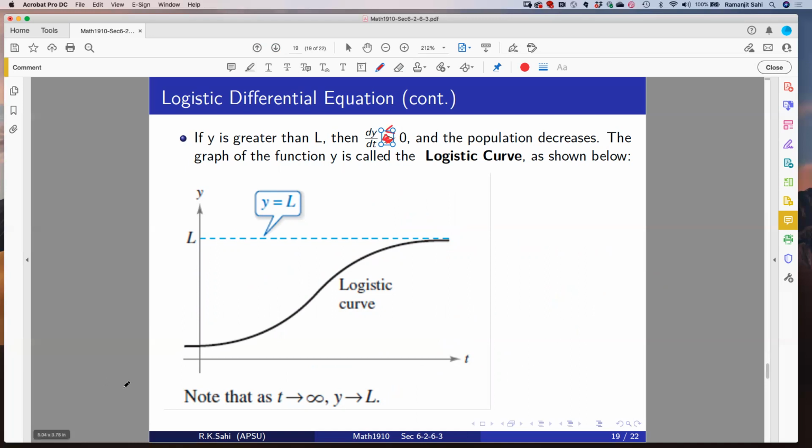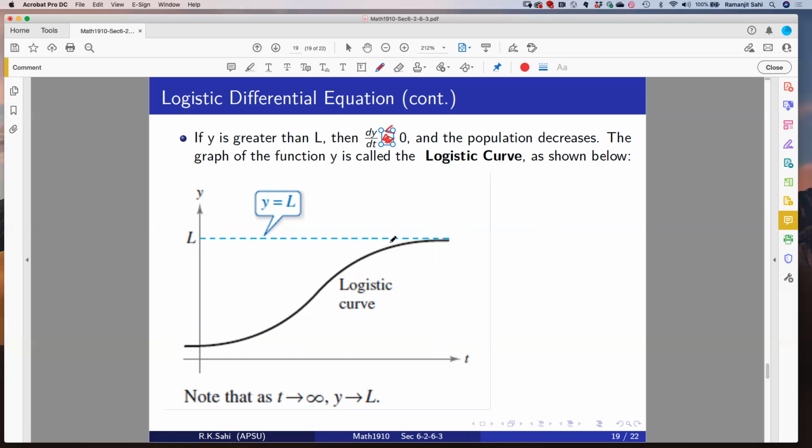And the graph of this function is called the logistic curve. Okay, this is the more realistic scenario of a given population model. And notice, very long time ago, we talked about horizontal asymptotes.